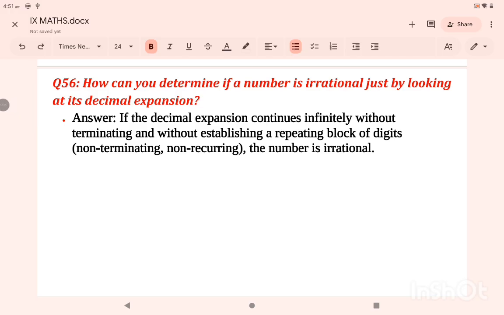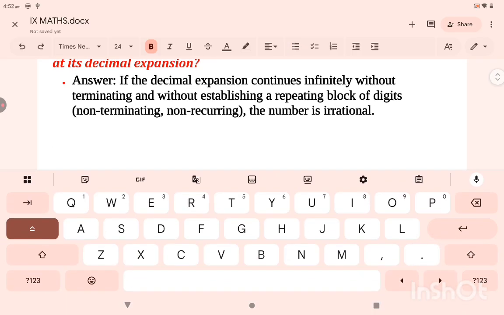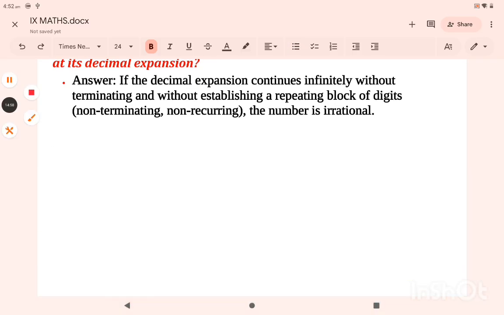How can you determine if a number is irrational just by looking at its decimal expansion? Already we know that all terminating and non-terminating repeating decimals can be expressed in the form of p by q.